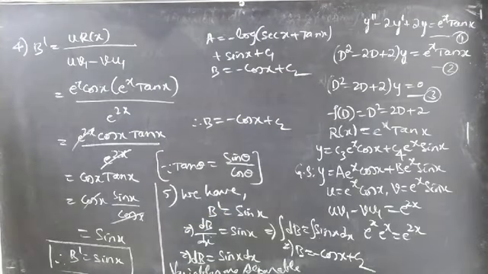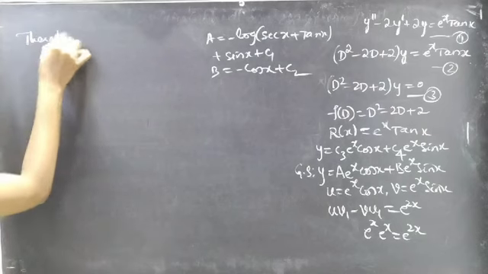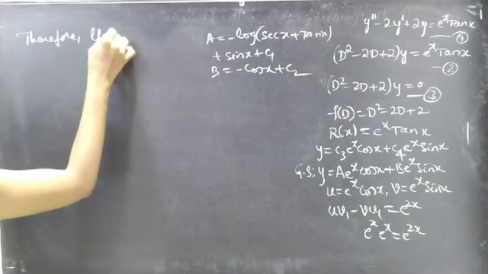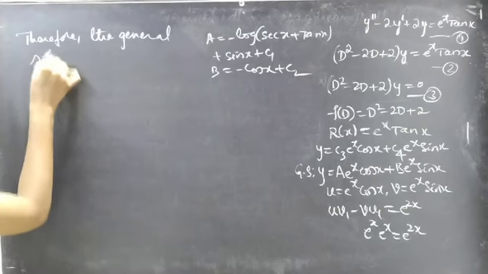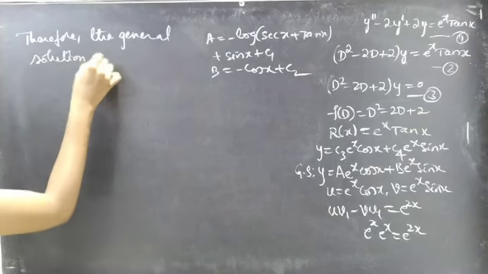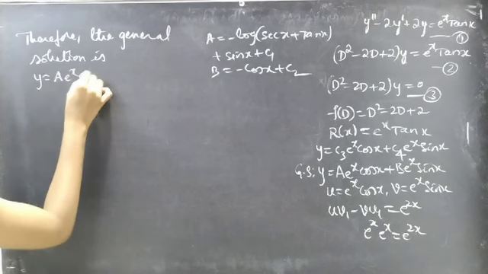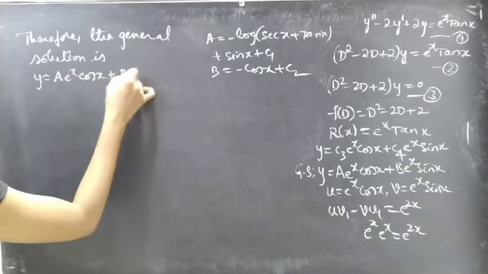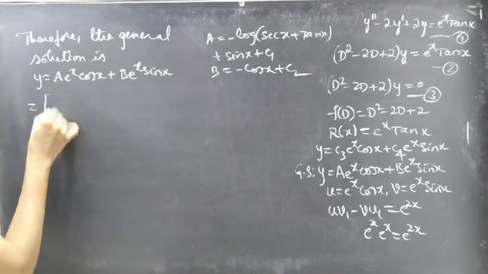Let's find the general solution. Therefore the general solution is given by y equal to A e power x cos x plus B e power x sin x. Substitute A and B here.